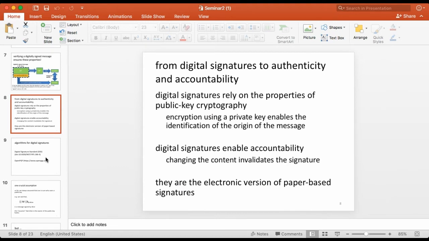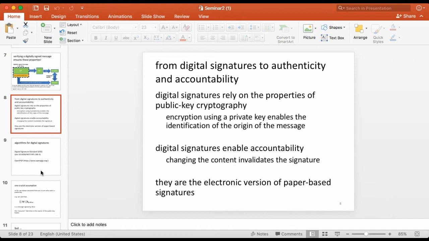Now, of course, in a more kind of meaningful way, this gives us two nice properties. The first thing is authenticity, so you're able to tell where some kind of message comes from. And the second thing is accountability, because you're able to tell if that message was modified or not modified in transition. And that's precisely what a paper-based signature would do.